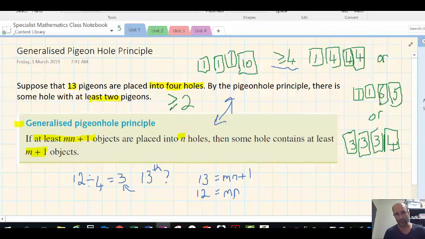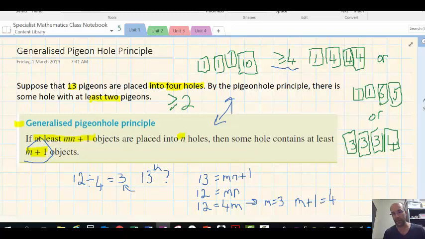Now n holes, well, we've got 4, so obviously m equals 3, and therefore m plus 1 objects would be 4. M plus 1 is 4.